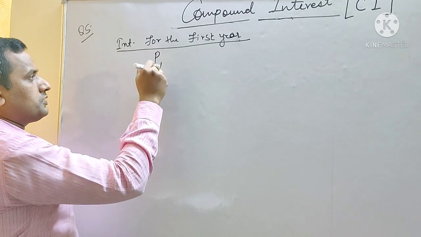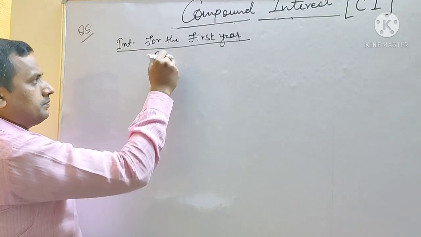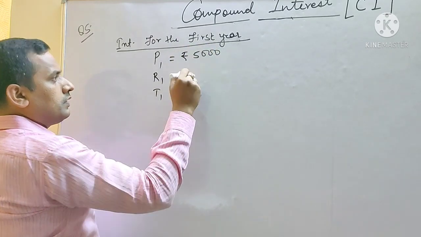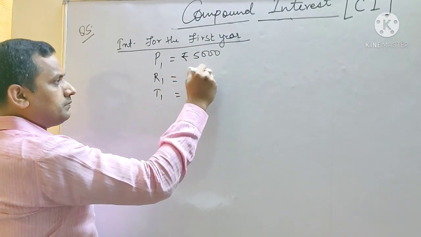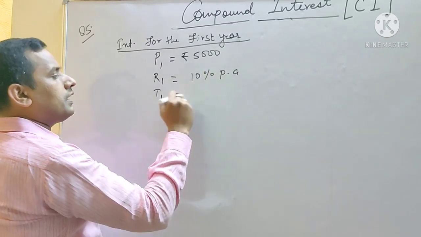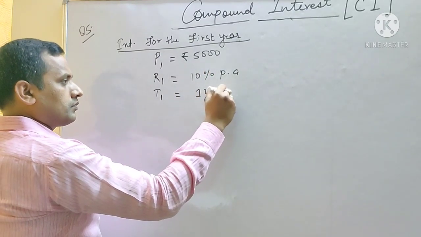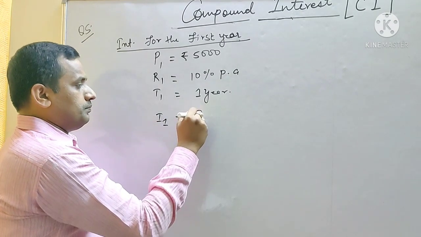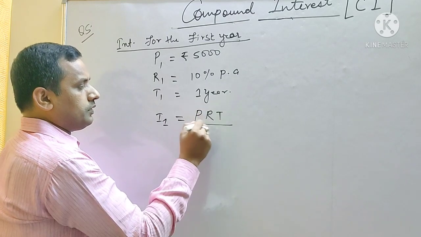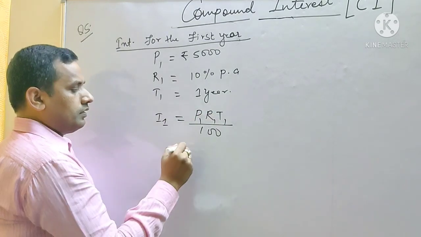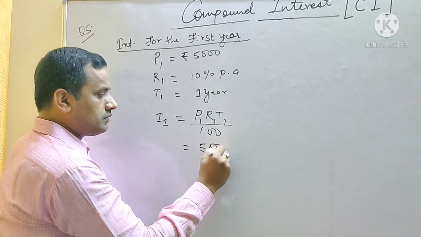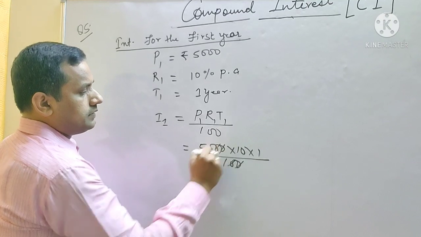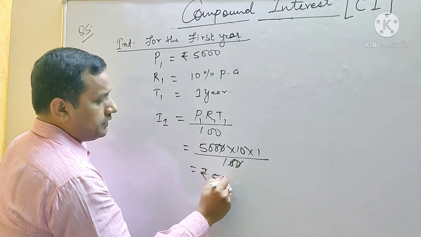Principal is 5,000, rate is 10% per annum and time is 1 year. Therefore I1 will be P1 R1 T1 upon 100, 5,000 into 10 into 1 upon 100, which gives us rupees 500.